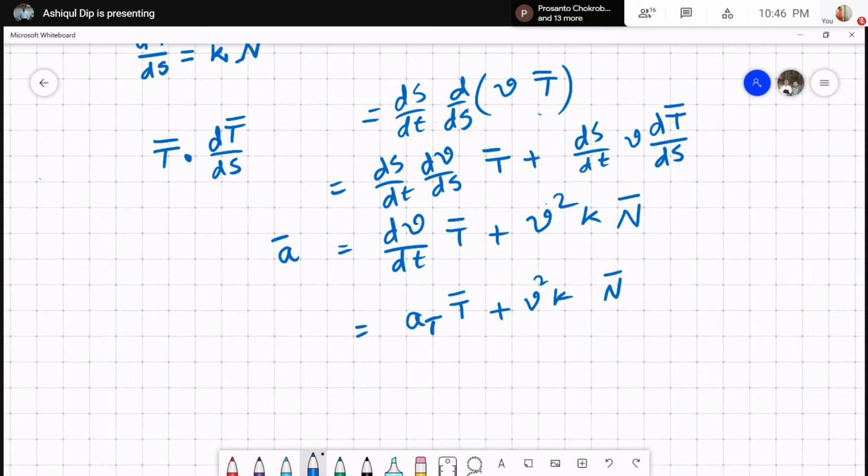So basically your motion is confined to a two-dimensional plane, that is the Tn plane. Instantaneously, along your motion that Tn plane is changing, but it's always the Tn plane that holds the motion, right?